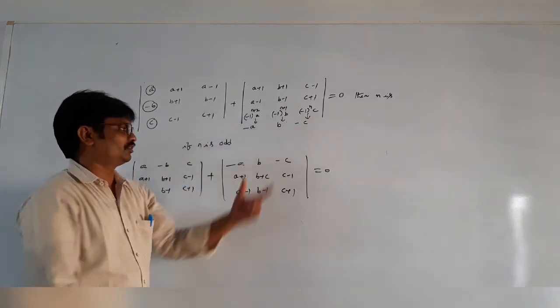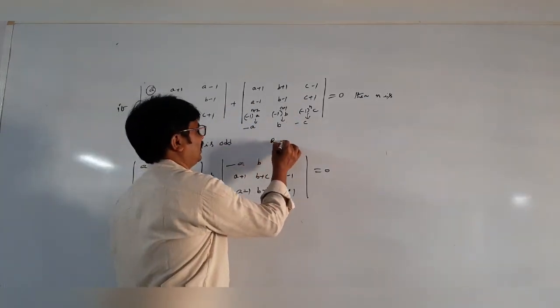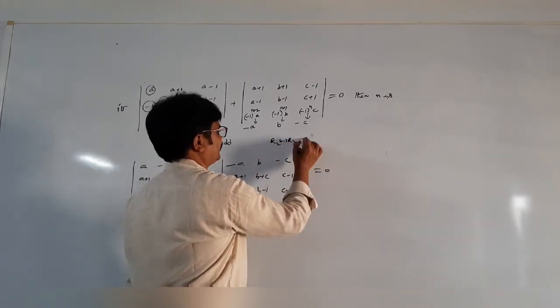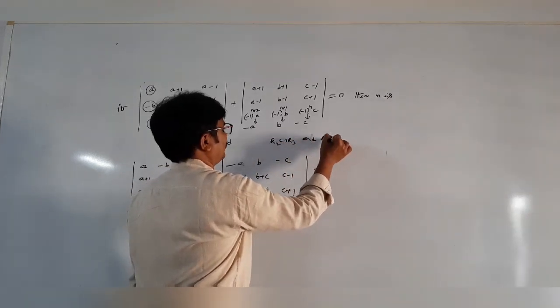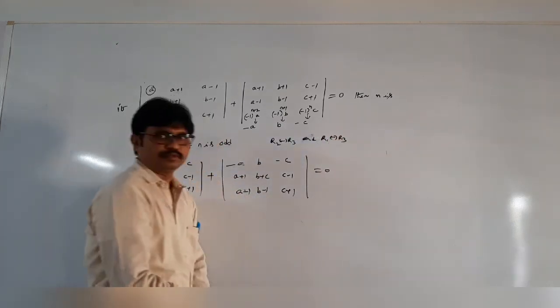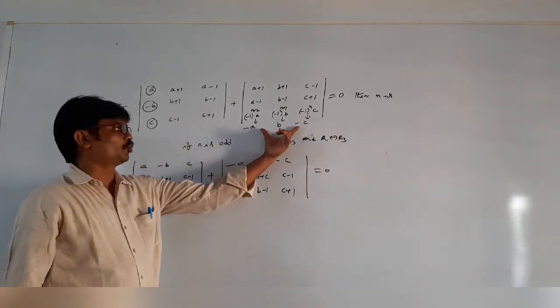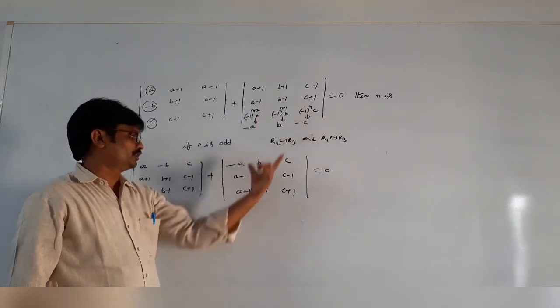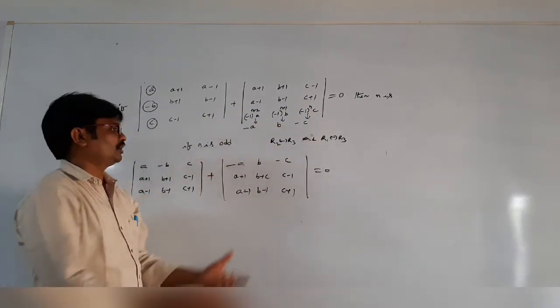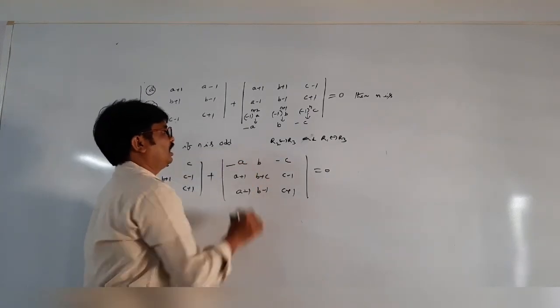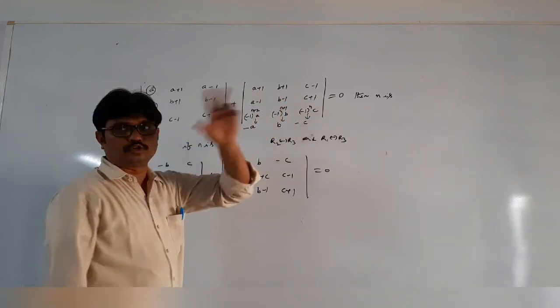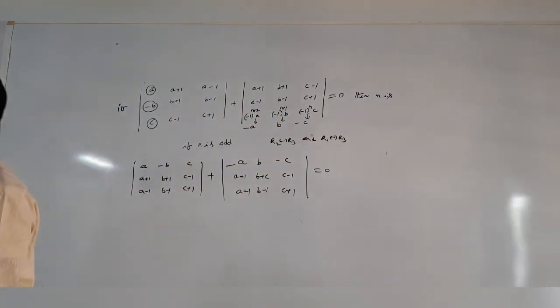Sorry, this is R2, this is R3. After that you can interchange row 1 and row 2. The first interchange makes row 3 the row 2 and row 2 the row 3, and after that also we interchange R1 and R2. The first row is minus a, minus b, minus c, so the two minus signs maintain plus.